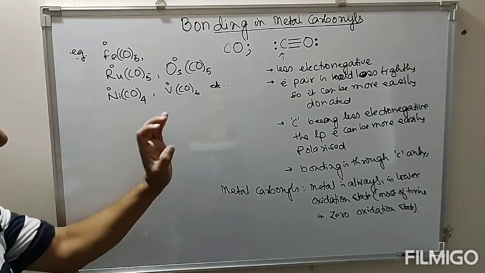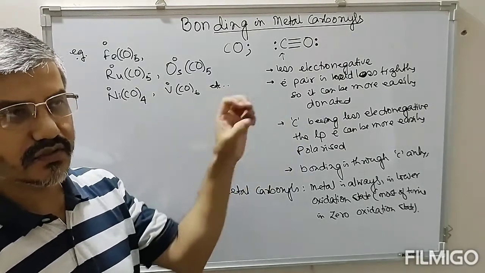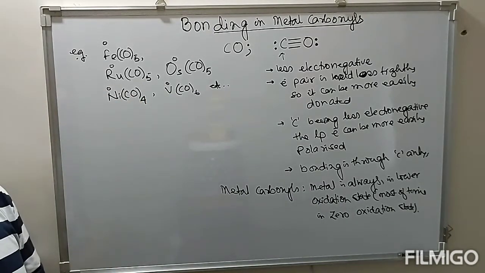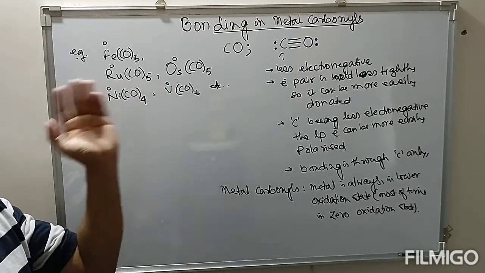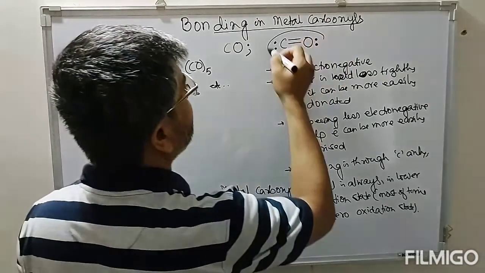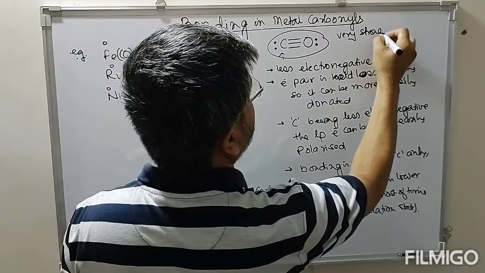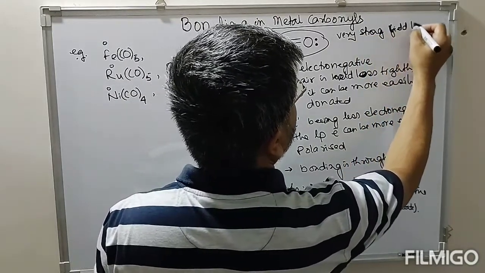So in most cases, the metal is in a lower or zero oxidation state. And if you look at the spectrochemical series, carbon monoxide is on the extreme right-hand side, that is, a very strong field ligand.